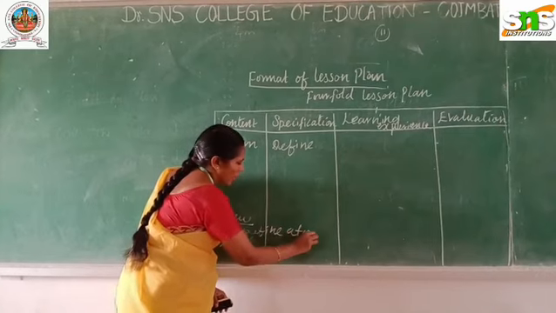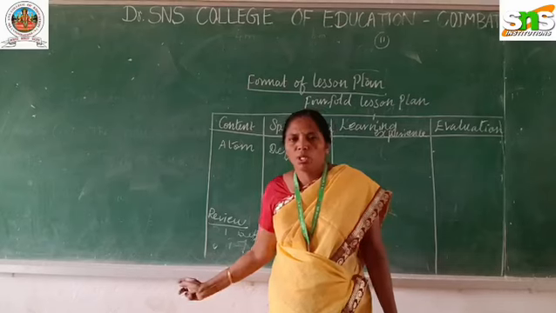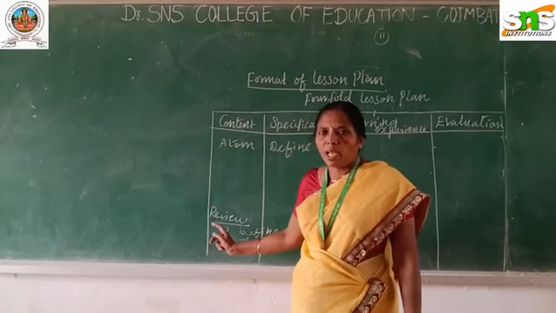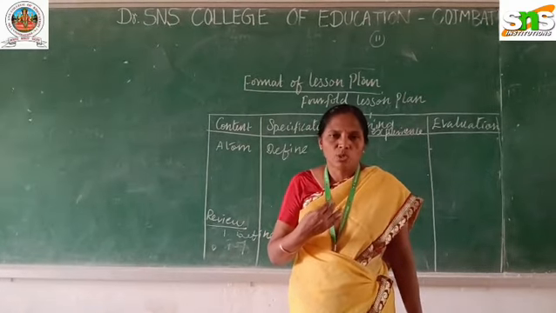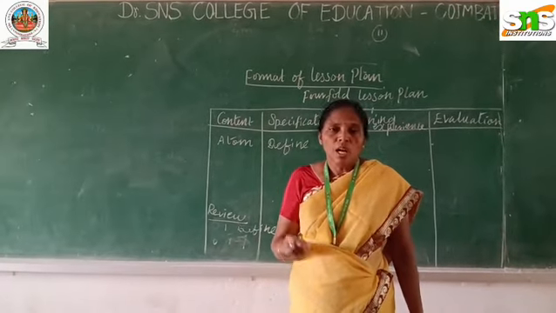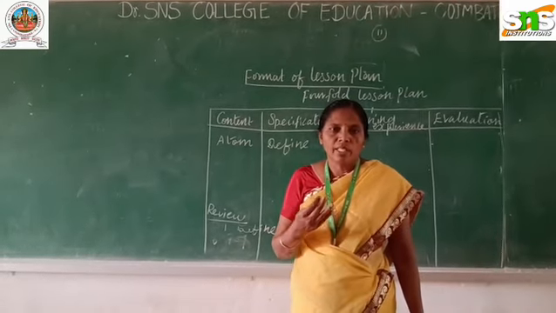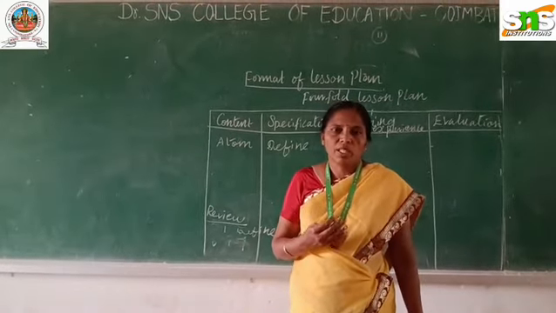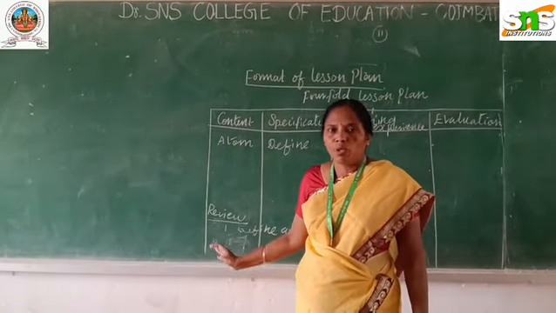Likewise you can write it in the fourth column also. This recapitulation can be done through interaction between the students and the teacher, or the teacher herself can consolidate the main points. That is called review or recapitulation.